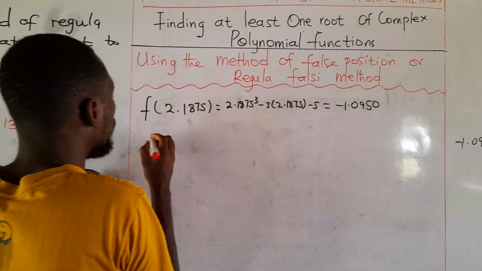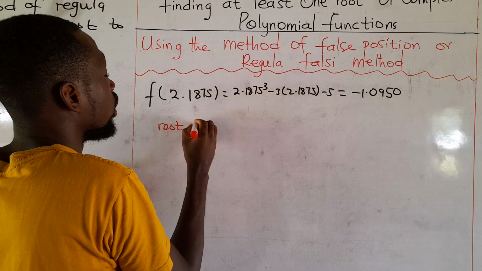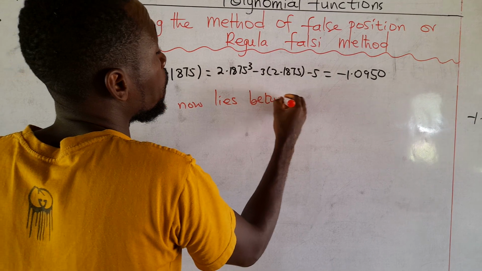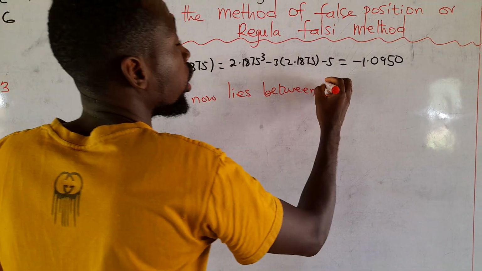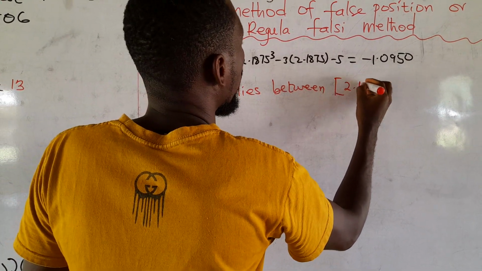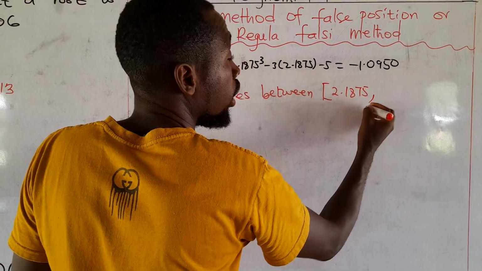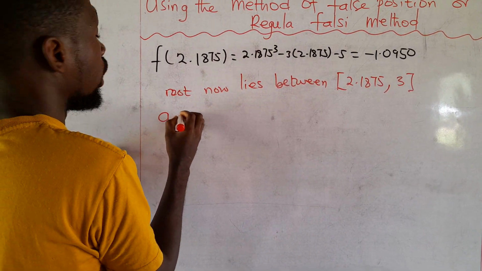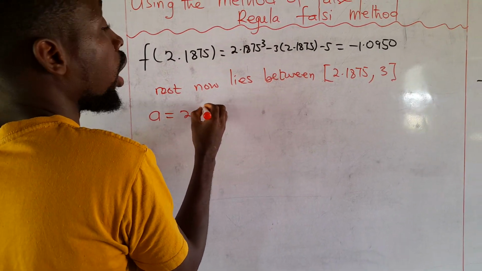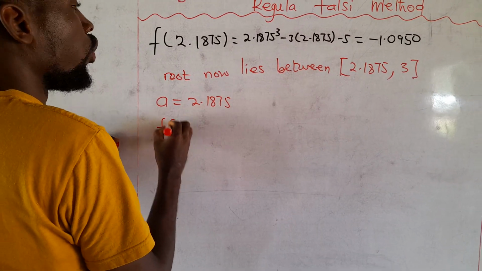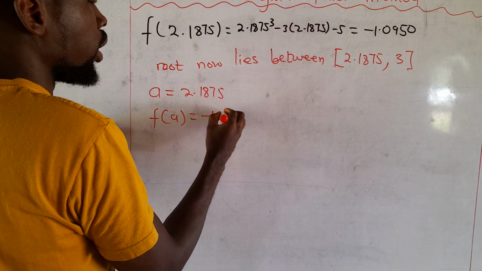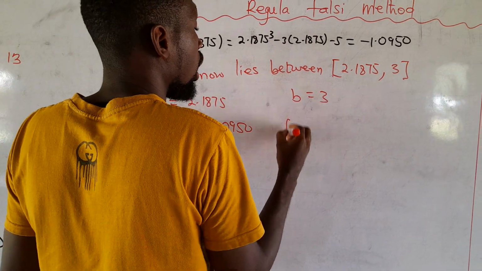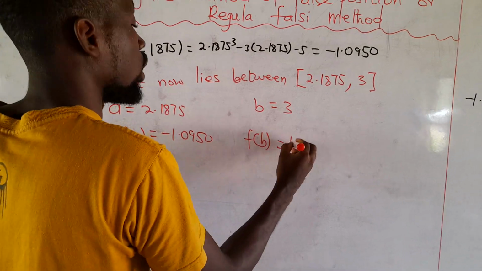So we can say that the root now lies between 2.1875 and 3. Our a is now 2.1875, f of a is negative 1.0950, and our b is still 3, with f of b equal to 13.